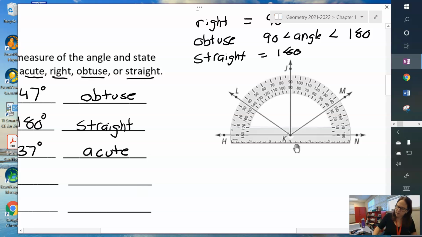Let's find LKM. It starts at L, goes through K, and goes down. Now look at that. Neither of those rays are lining up with 0. So what I'm going to do is get the measure of each part, M and L, looking at the protractor. Then I have to do a subtraction.